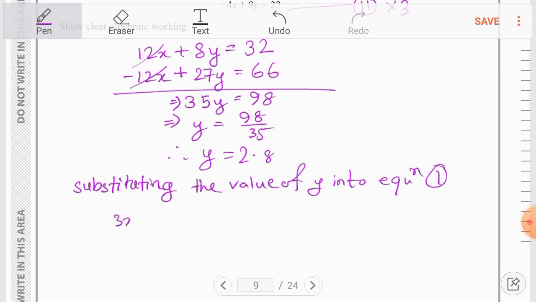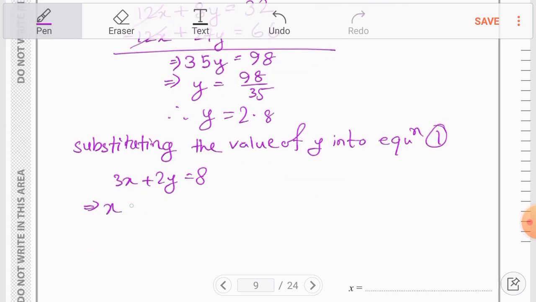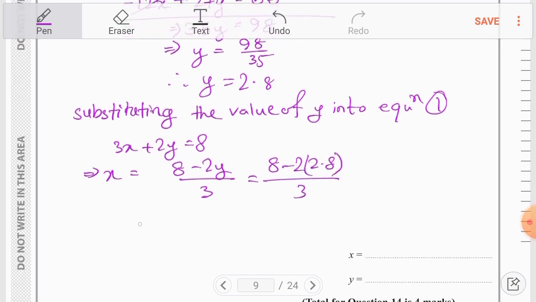Equation 1 was 3x plus 2y equals 8, making x the subject of it, that would be 8 minus 2y divided by 3. Now putting the value of y into the equation, 8 minus 2 times 2.8, divided by 3. By simply using the calculator, you can find the value of x, that is 0.8.